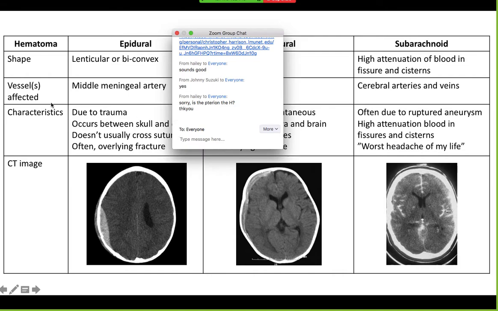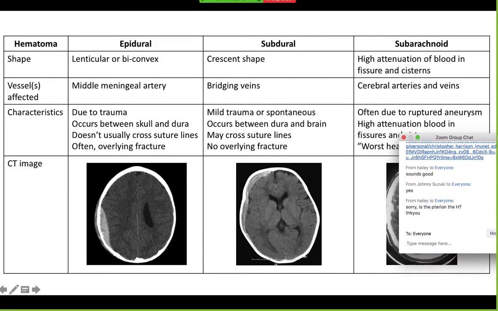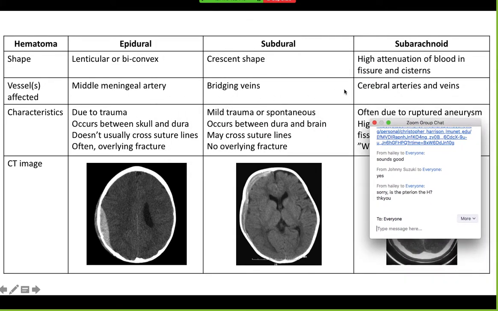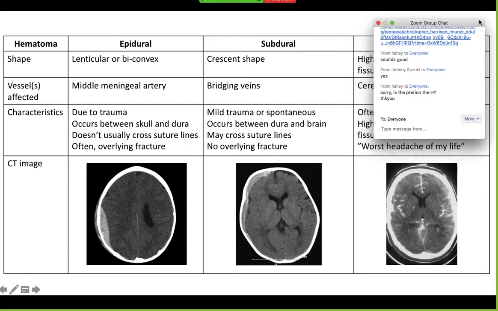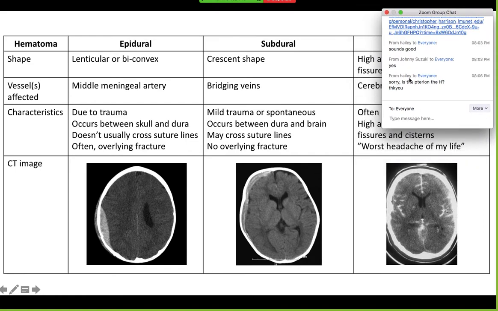So make sure that you know the clinical presentation, what vessels are affected, and then also be able to associate the CT image with the type of hematoma. So you should have some sort of question on the exam that goes along with this chart here. I would expect that.